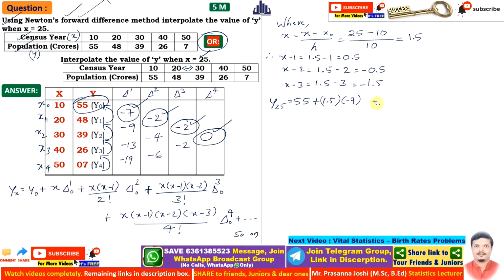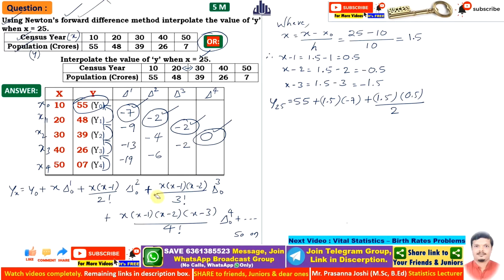Then plus, in between, x into x minus 1 divided by 2 factorial. x is 1.5, into x minus 1 is 0.5. x into x minus 1 divided by 2 factorial, that is 2 multiplied by 1, that is 2, into delta 0, 2. Delta 0, 2 value is minus 2.